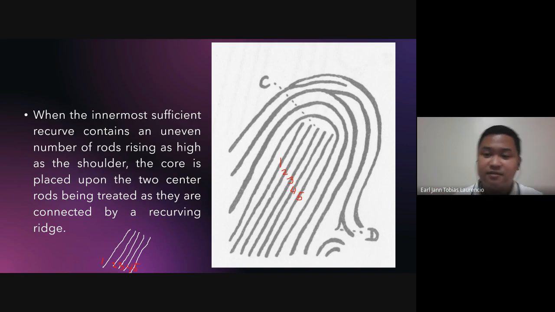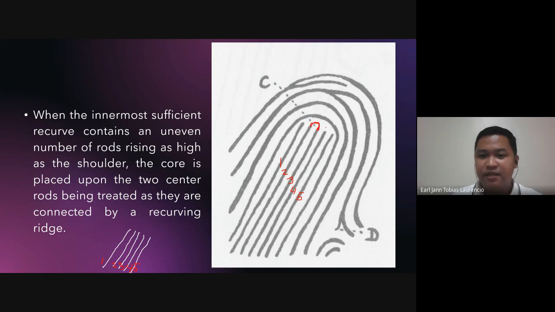So the technique that we will use in order for you to easily obtain the core of the pattern, in case there is an uneven number of rods, is to select the most center rod first. And the center rod is actually rod number 3. And then we will connect it. We will imagine as if rod number 3 is a recurving ridge connected to rod number 2.